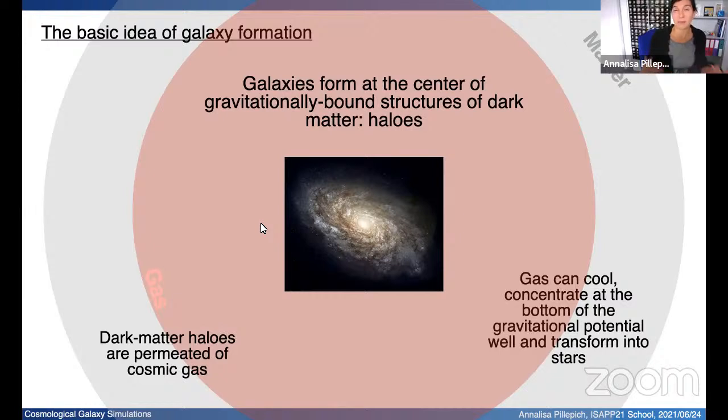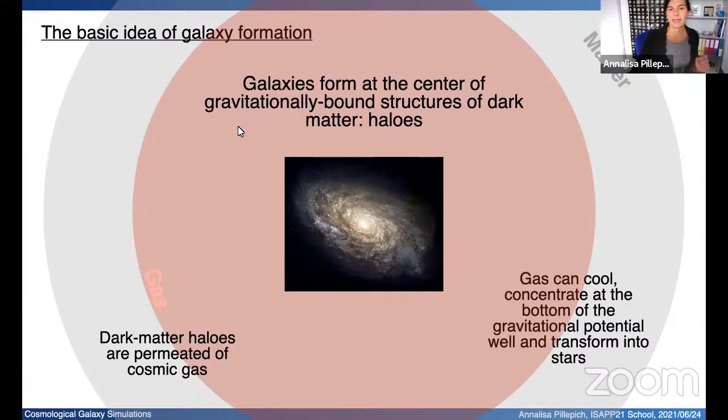Stars form out of gas. And this is possible because gas can reach higher densities than dark matter could, because the gas can radiatively cool and concentrate at the center of the potential well, fighting the pressure forces that would want it not to collapse. And it can reach densities that we think are needed to form stars.